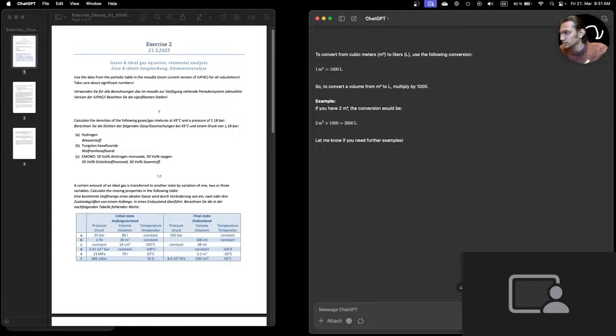T2 equals minus 20 degrees Celsius, which gives 253.15 Kelvin. So it's not that hard.